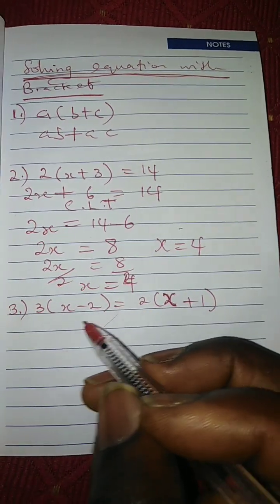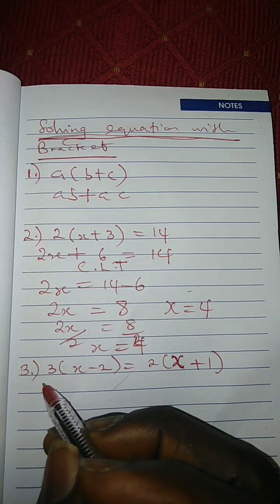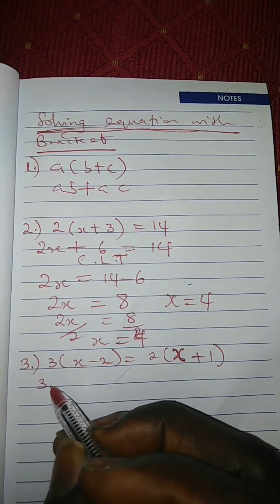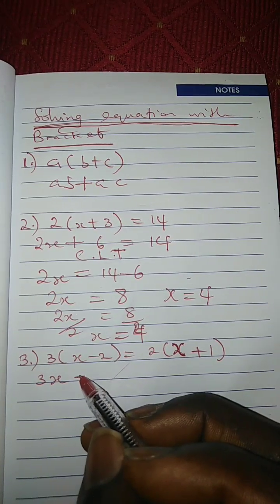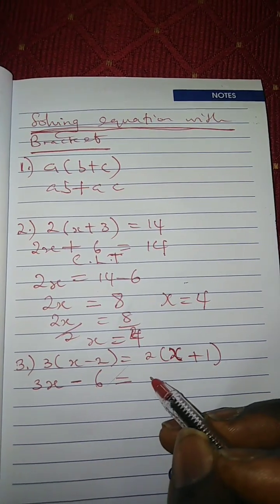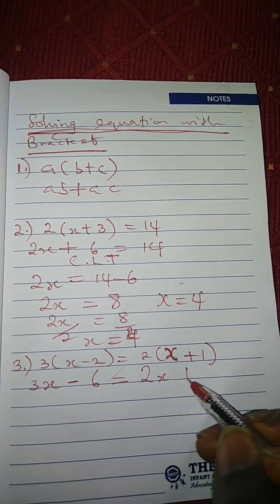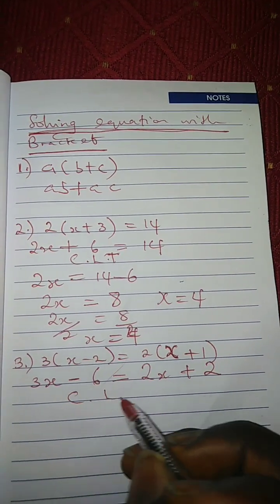For this other part, I have 3x minus 3 times minus 2 is minus 6. 2 times x will give me 2x plus 2 times 1 will give me 2. I collect like terms here.